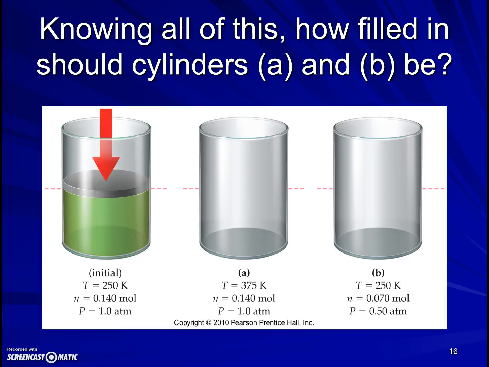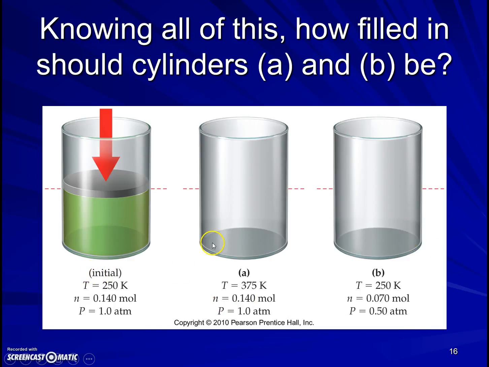And so knowing all of these gas laws, the question that comes up, if we have this container and we don't let any gas molecules in or out, and it is at 250 Kelvin, and it's got this much gas in it, and this is the pressure, what's going to happen if we increase the temperature but keep pressure and moles the same?